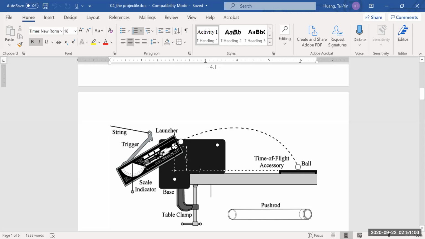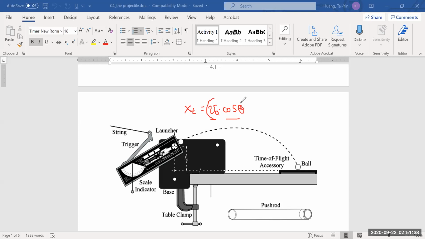With the information of initial velocity, which is v naught, you'll be able to calculate the theoretical value of the horizontal displacement. If you remember, once you estimate the initial velocity v naught, the horizontal displacement can theoretically be calculated using v naught times cosine theta, which is your initial velocity in the horizontal direction.